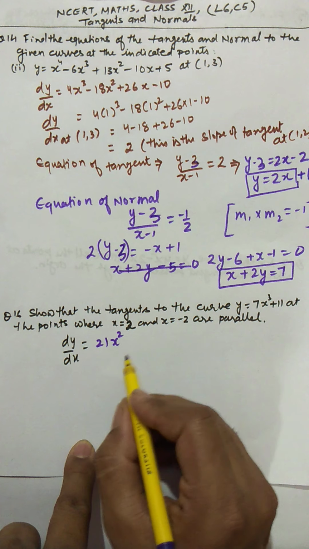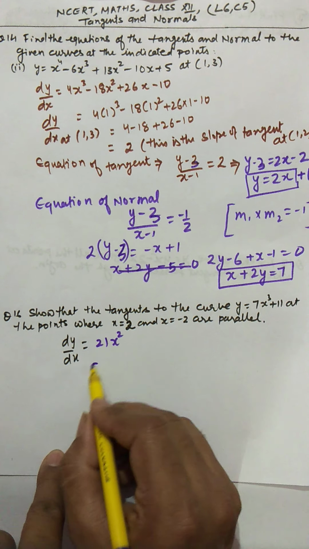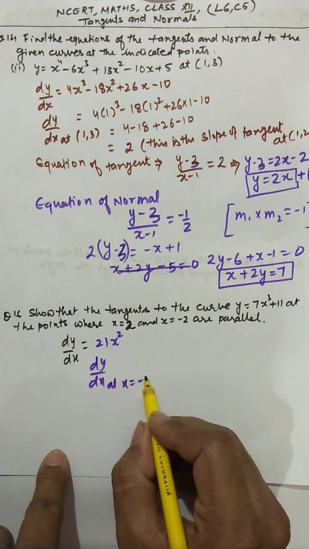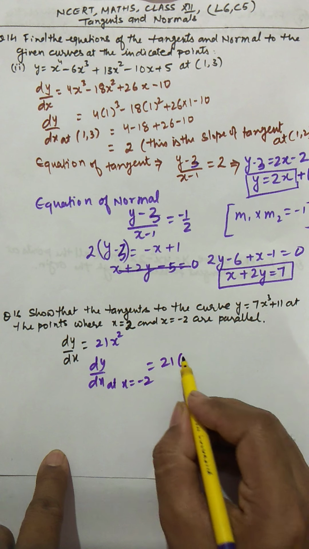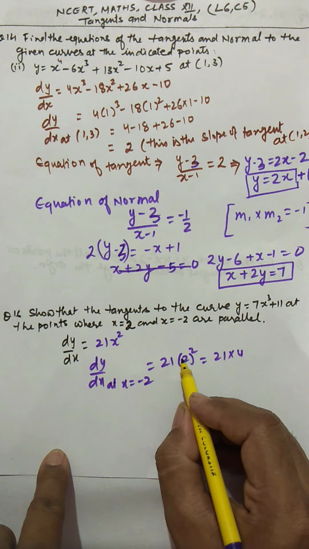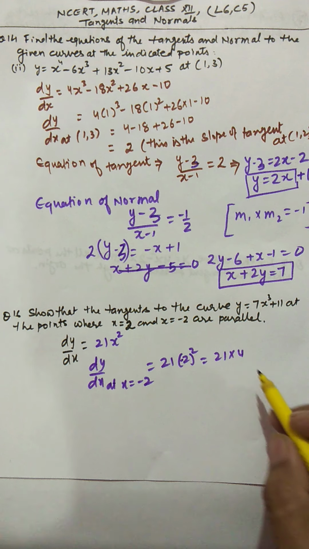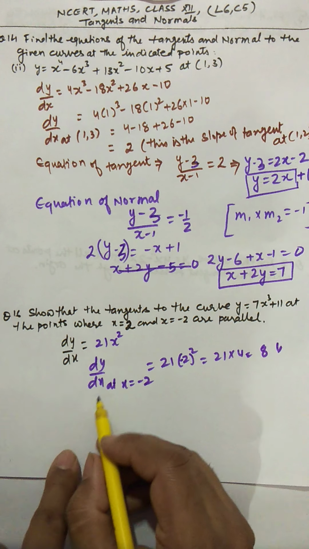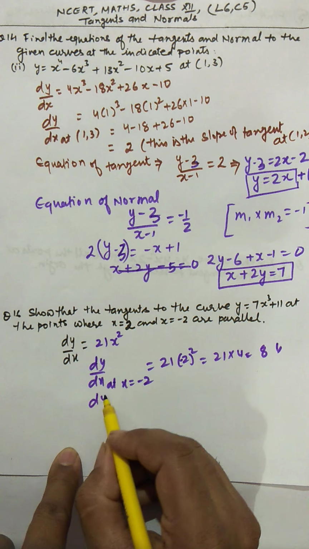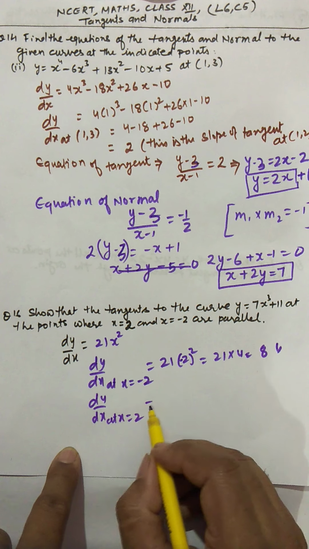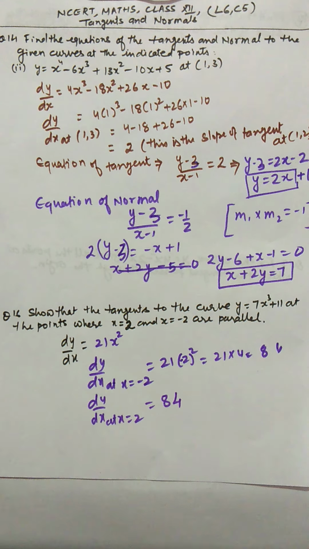Now you can see that dy by dx at x equal to minus 2 is 21 into minus 2 square, which is 21 into 4, since minus square will become plus. So this is 84. And the slope of tangent at x equal to 2 is also going to be 84.